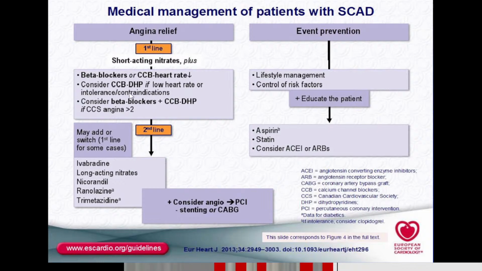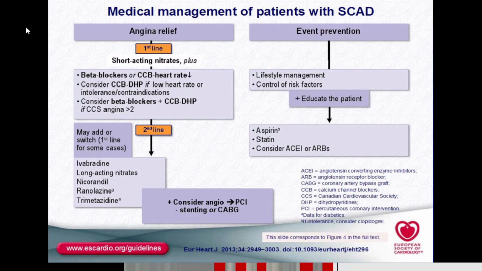And we have to consider dihydropyridine CCB if low heart rate or intolerance contraindications, and consider beta blockers together with calcium channel blockers dihydropyridine if Canadian class of angina is higher than second.